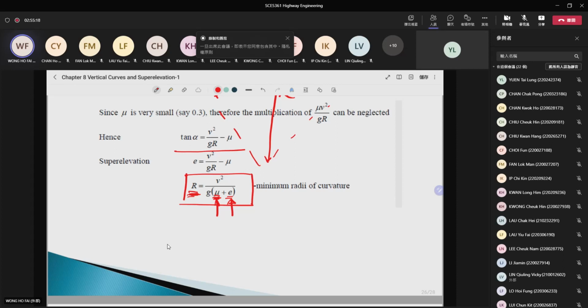That means your vehicle will slide from one lane to another, so that the R will increase, and then your vehicle will become stable. Do you know what I mean? If you want to keep at the same lane, you need to provide higher friction coefficients. If there's no super elevation and your friction does not change, that means your vehicle will slide from one lane to another.